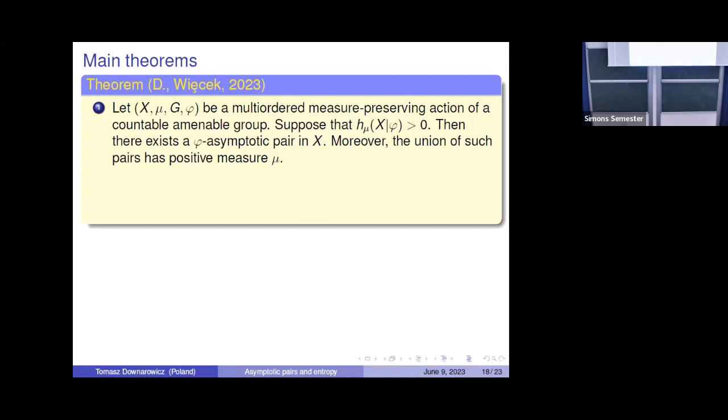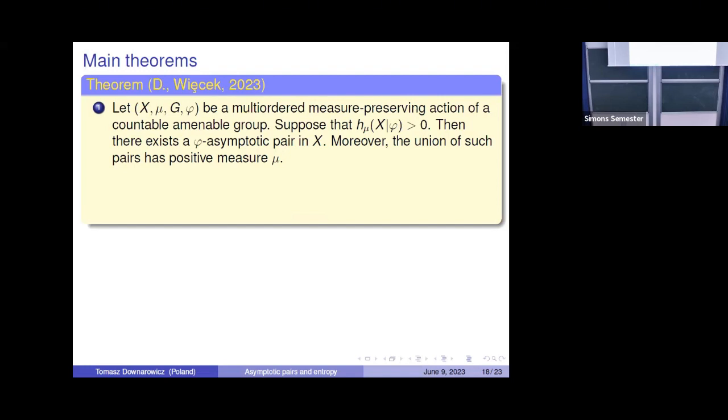We take any measure theoretically multi-ordered measure preserving action of a countable amenable group, and we suppose that the relative entropy with respect to the multi-order factor is positive. If the multi-order to which our system factors has entropy 0, then this is just the entropy of our system. Otherwise, it's a relative entropy.